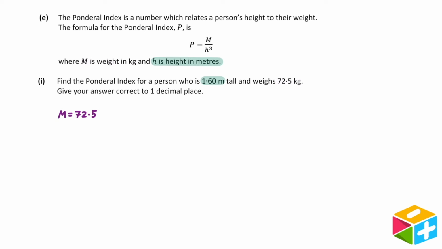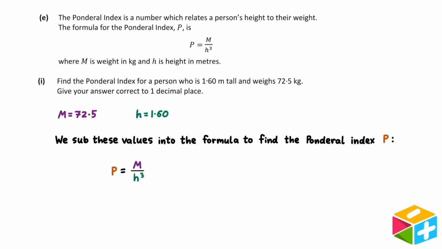In our formula, h represents the height. We are told that our height is 1.60 meters. So h is equal to 1.60. To find the ponderal index p, all we have to do is sub in these values of m and h into our formula.